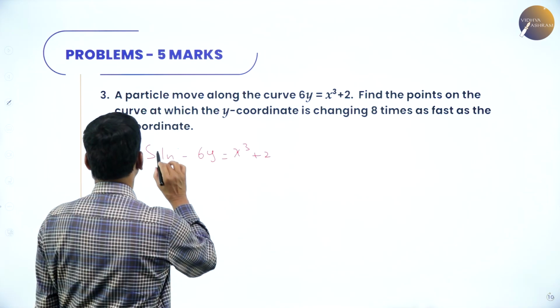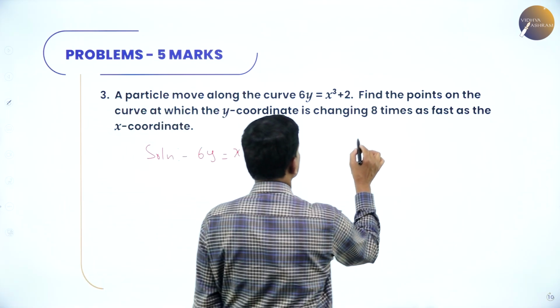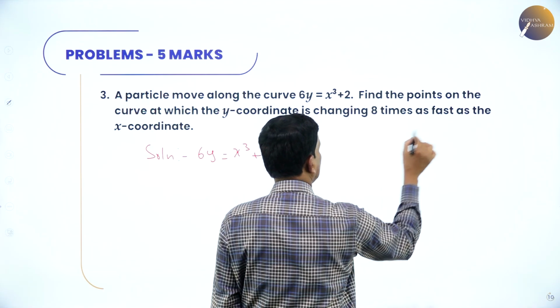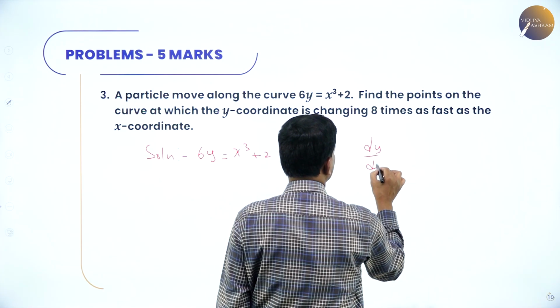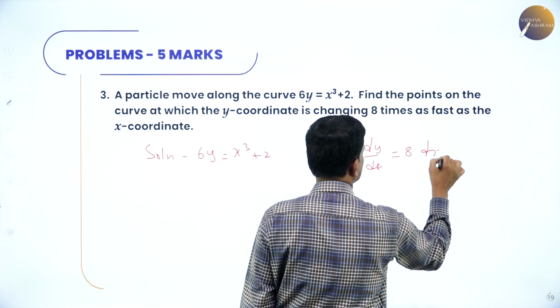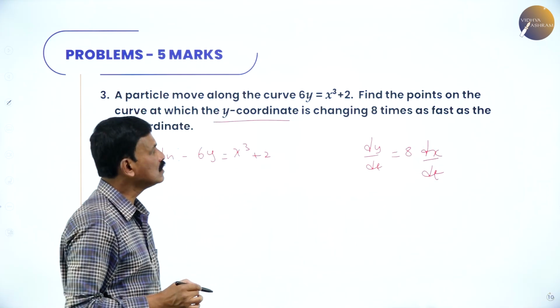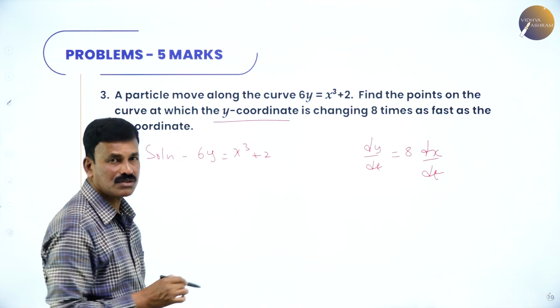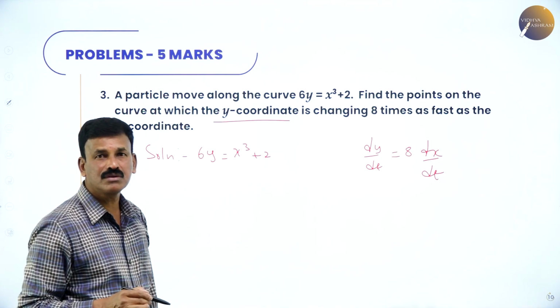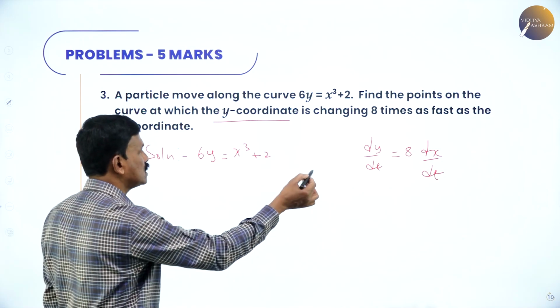Find the points on the curve at which the y coordinate is changing 8 times as fast as the x coordinate. That means dy by dt is equal to 8 times dx by dt. This is given.